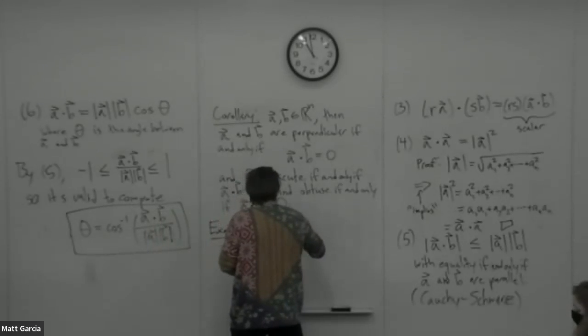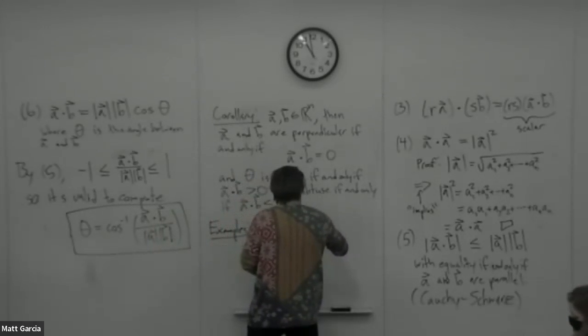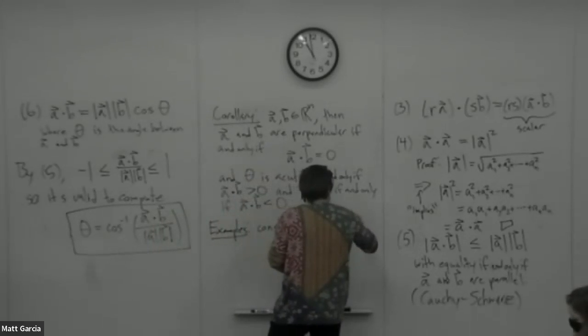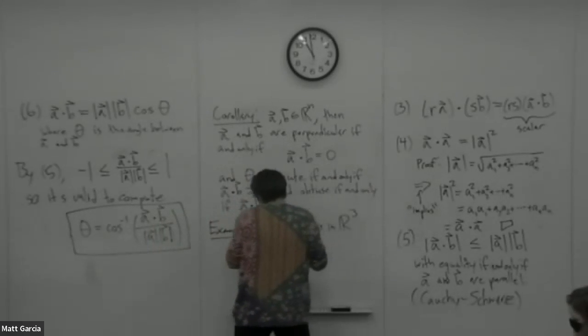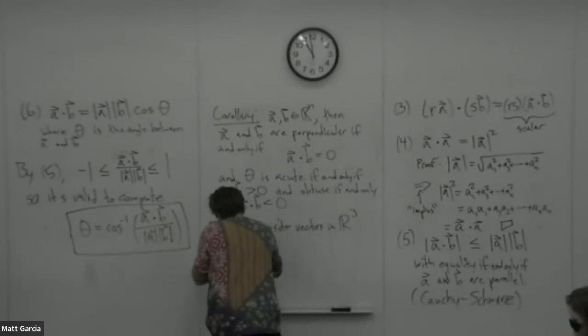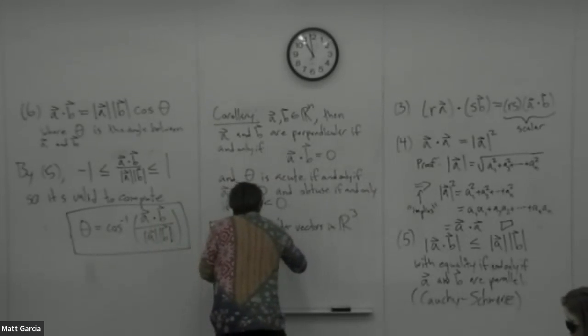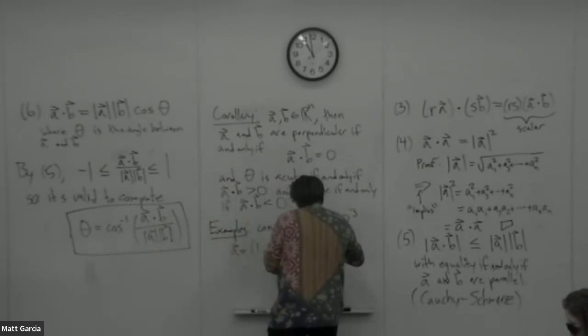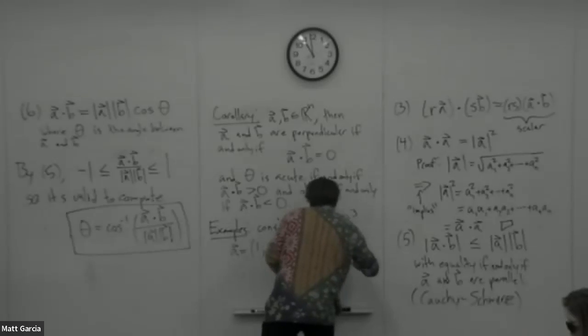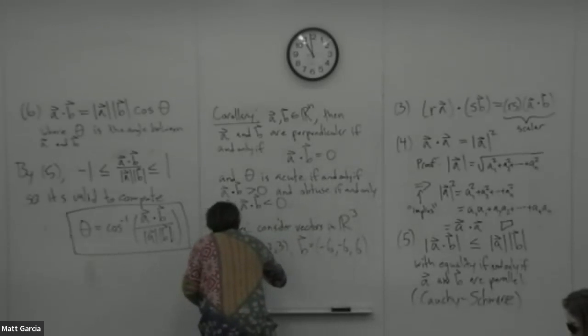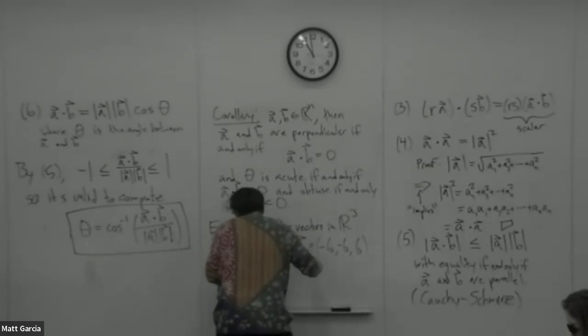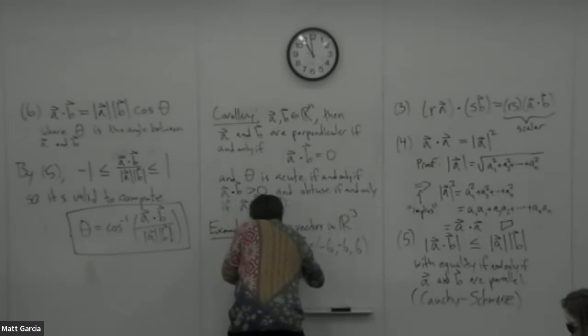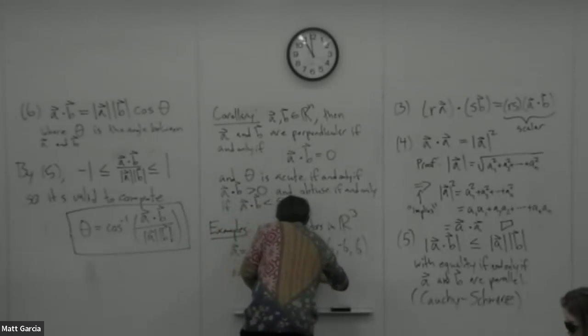Consider vectors in R3 given by A is 1, 2, 3. B is -6, -6, 6. And C will be given by 0, 2, 1/2.